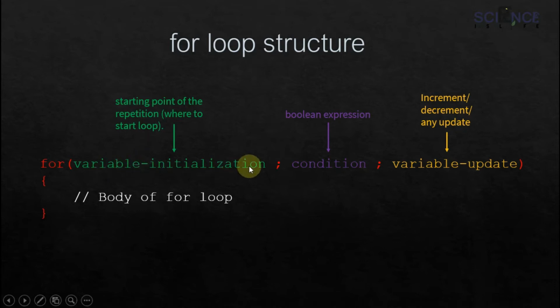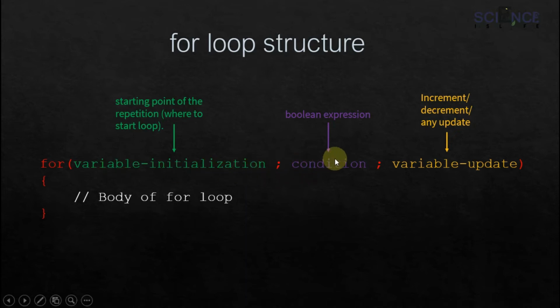We need to have a variable to do this loop. So here you can declare a variable and initialize it, or you can use a previously declared variable here by initializing it. You will see that later. So there must be the variable initialization.